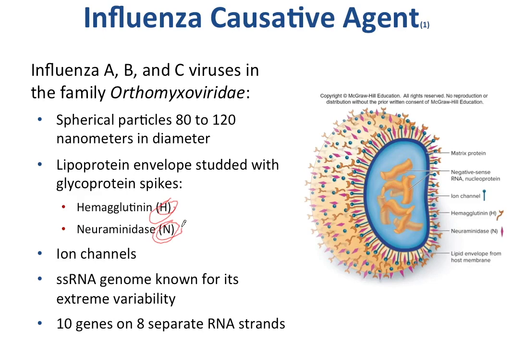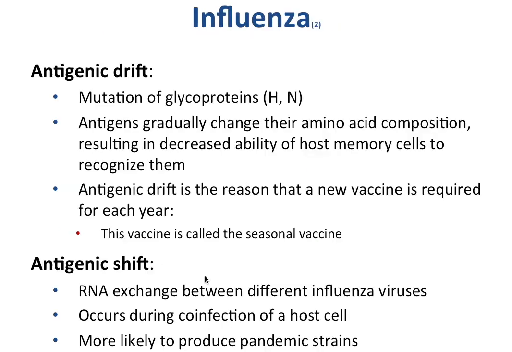So this is a single strand RNA virus. So each year, the influenza virus changes its H and N. So it is called antigenic drift. Okay. So it can change the amino acid composition, so the host cells cannot recognize them.